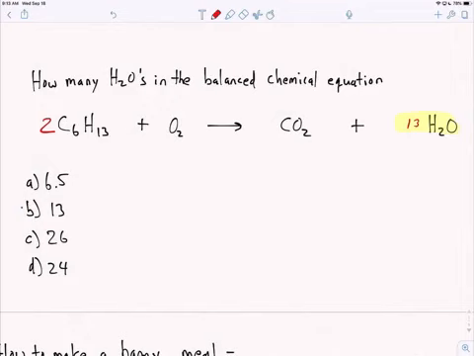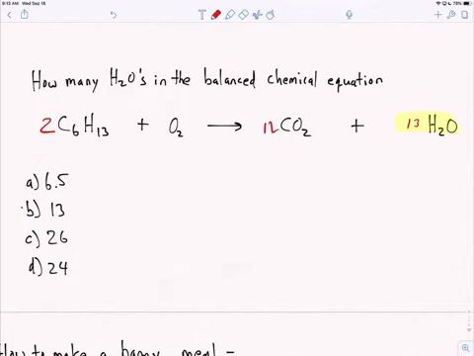Okay, so you do it one of two ways. I don't like doing the fraction way except for the very end. This one's the reverse. Because you have an odd number here and an even number here, I'm going to double. So now if you were to balance this, you have 12 carbons here, which means you have 12 carbons there. Right?